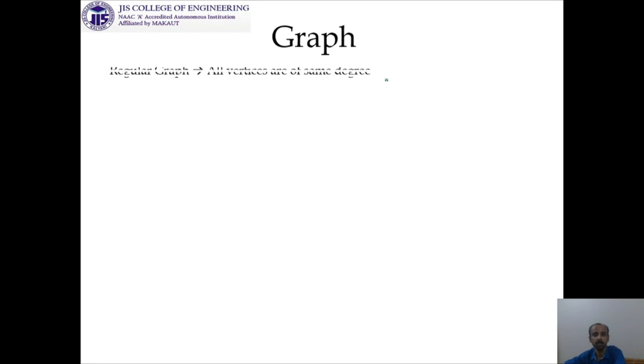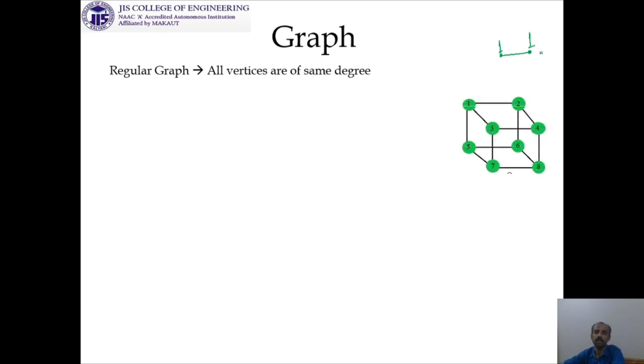Okay. Now what is a regular graph? A regular graph means all vertices are of the same degree. So if we draw a graph like this, this vertex is of degree 1, this vertex is of degree 1. So it is a regular graph. Okay. Now check another example.